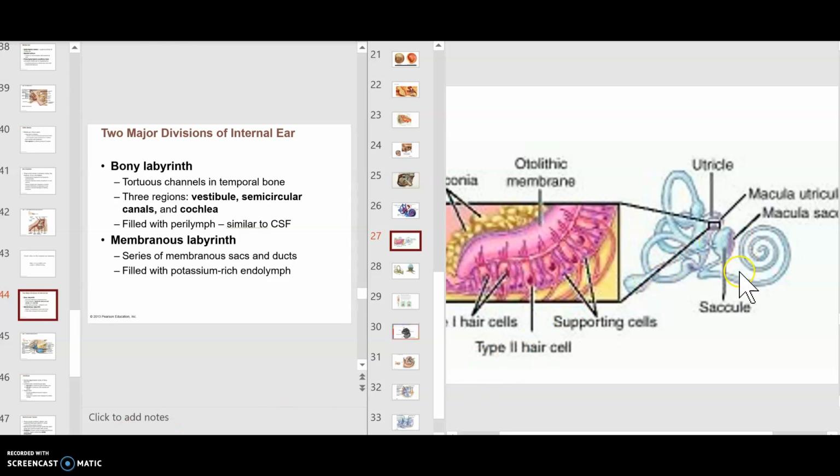Okay, class, here would be a depiction of the maculae within the vestibule areas. And what the maculae does is it responds to the pull of gravity and reports changes in head position by the movement of these hair-like cells and so forth. And we'll talk more of that when we get to the physiology.